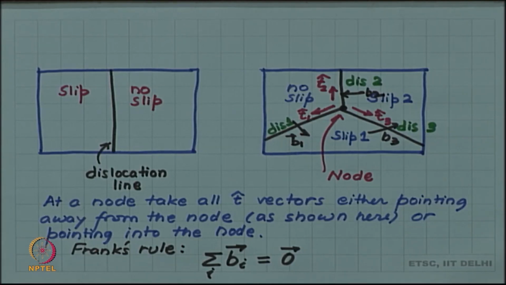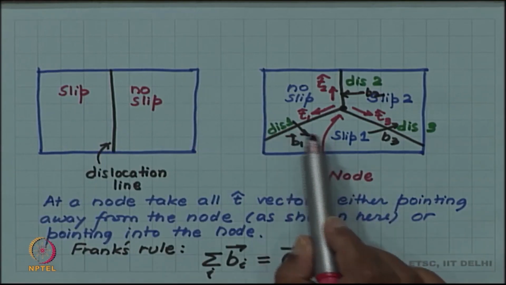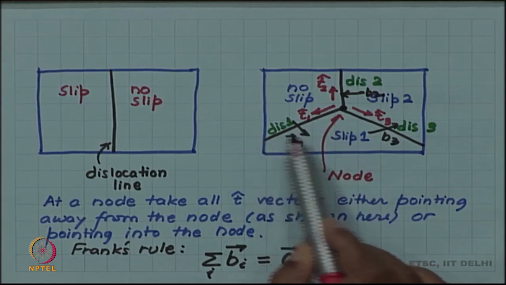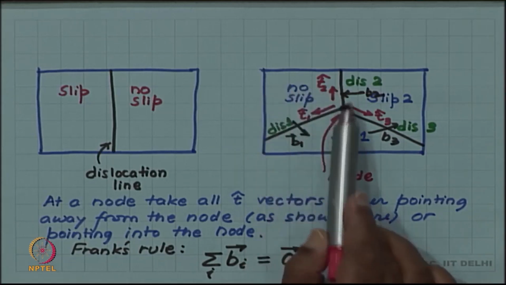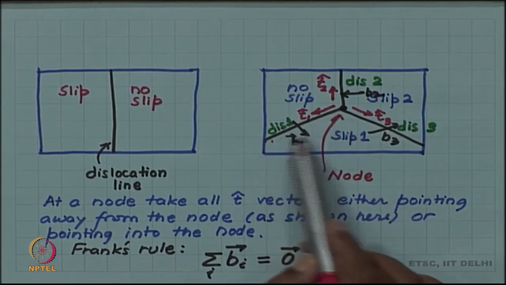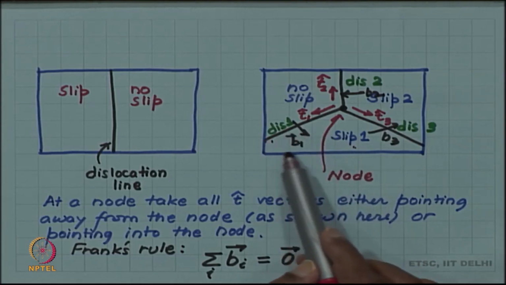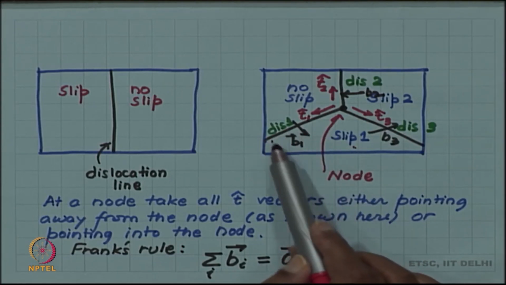This is easy to see intuitively, although we are not giving an exact proof. Suppose we start from the no slip region, then as I cross this dislocation line 1, I undergo a slip 1, and the slip is by an amount given by the Burgers vector B1.